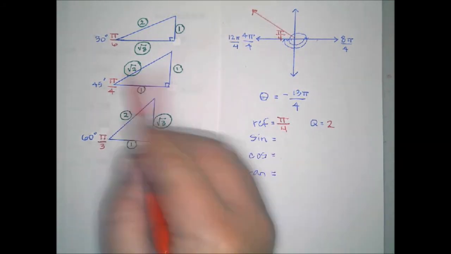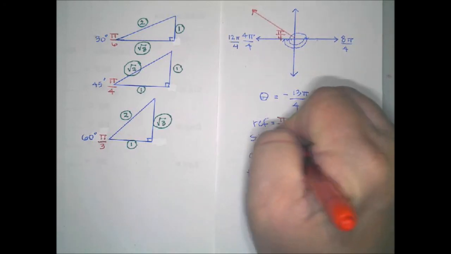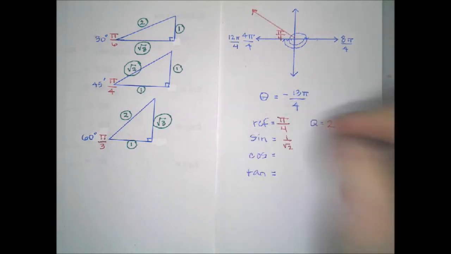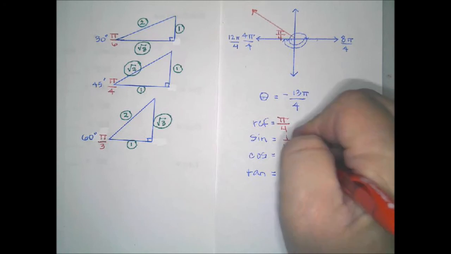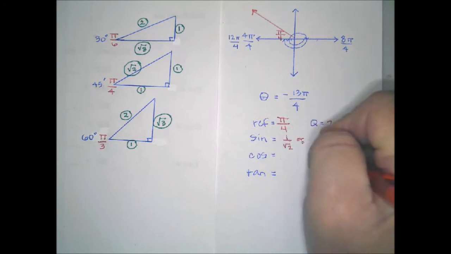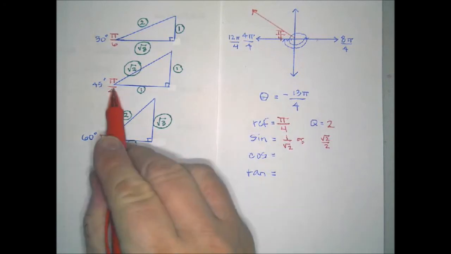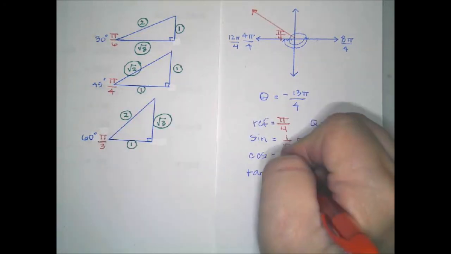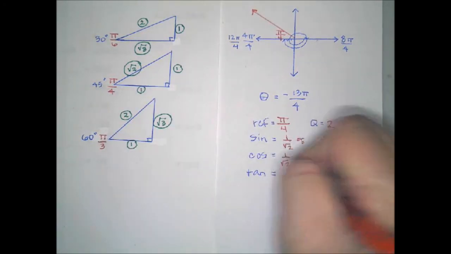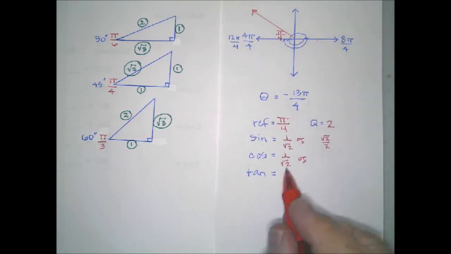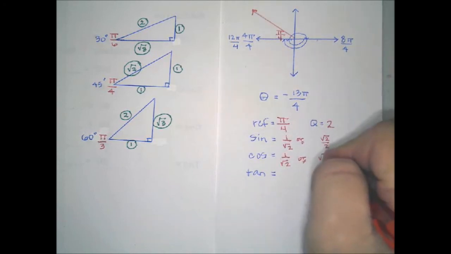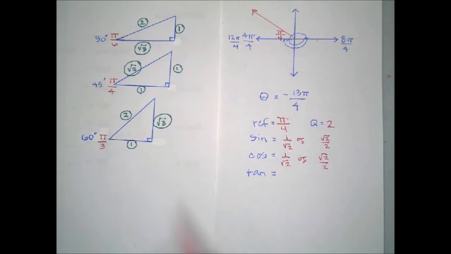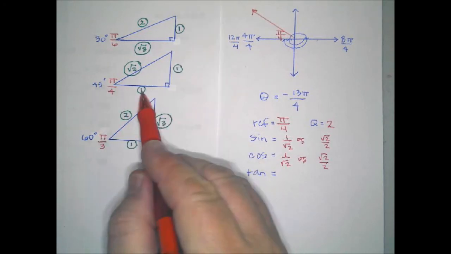Sine, opposite over hypotenuse, so 1 over √2. Now, if you need to rationalize it, that would be √2 over 2. Cosine, same thing, 1 over √2, or in its rationalized form, √2 over 2. And then tangent, opposite over adjacent.